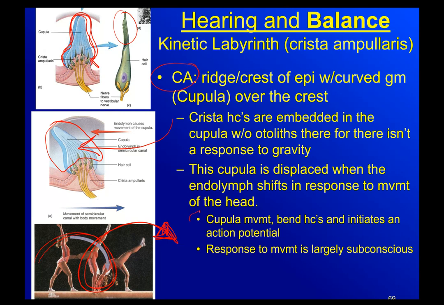So the cupola movement bends the hair cells, and that's what initiates the action potential. The response to movement is largely unconscious. If we're moving, we tend to kind of correct that movement before we actually realize we're doing it.